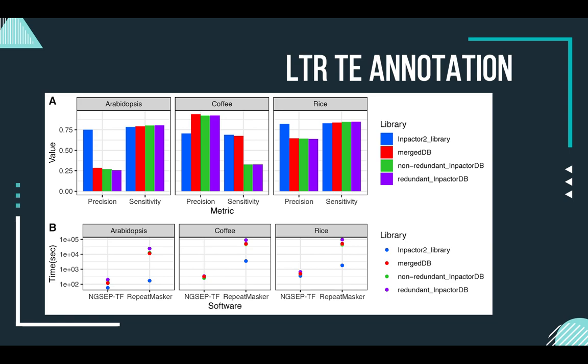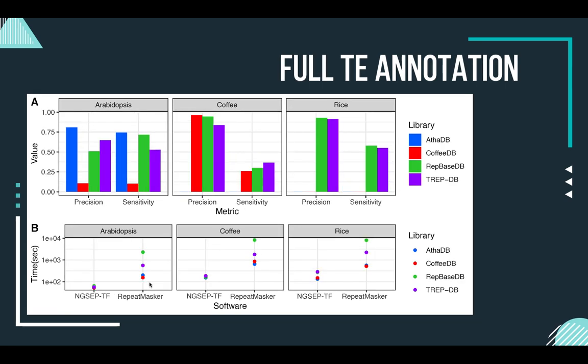As you can see here, we got higher than 75 precision and sensitivity using those libraries, and we got a reduction of at least one order of magnitude in the time our software requires in comparison to the time that RepeatMasker requires to annotate the same dataset.